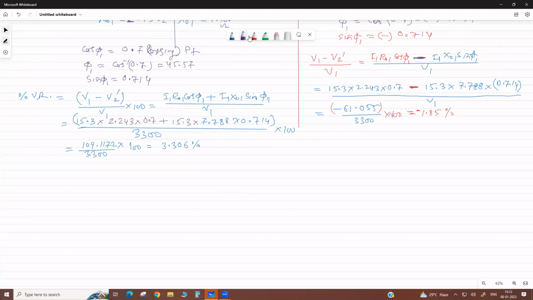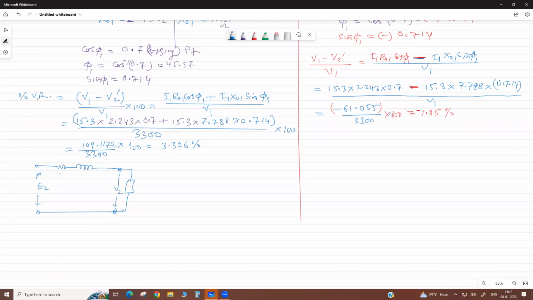Now in the third part, he is asking for the terminal voltage. As I told, please draw the secondary circuit. Suppose this is the total resistance, total reactance. Here it is E2, the induced voltage. Then here this is your load. This load terminal voltage is V2.